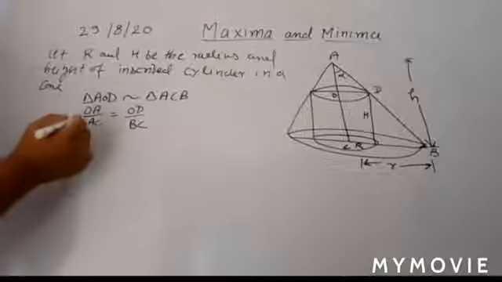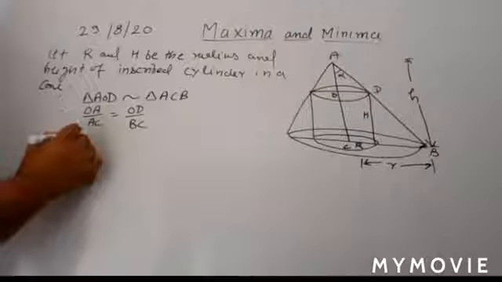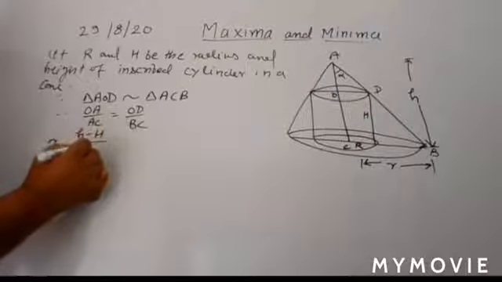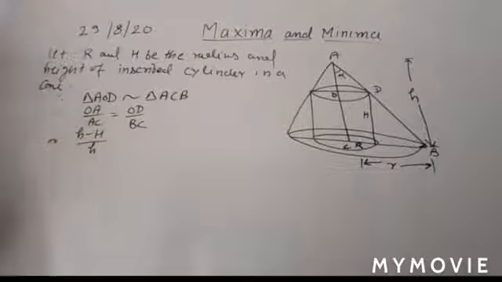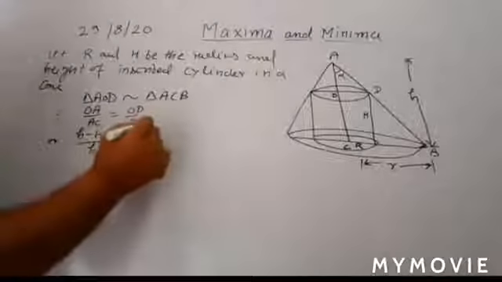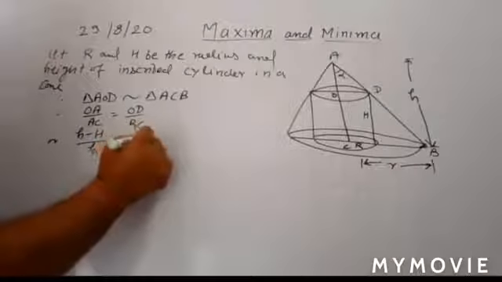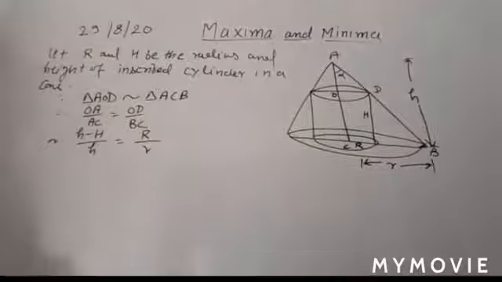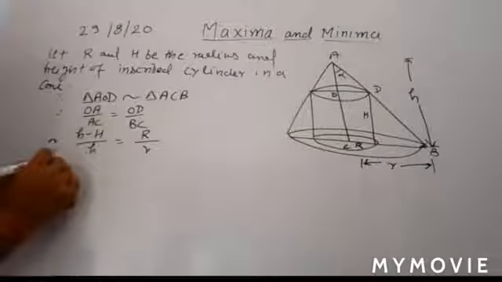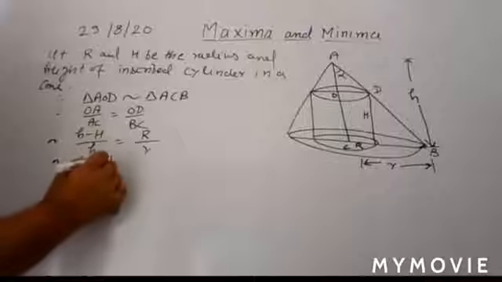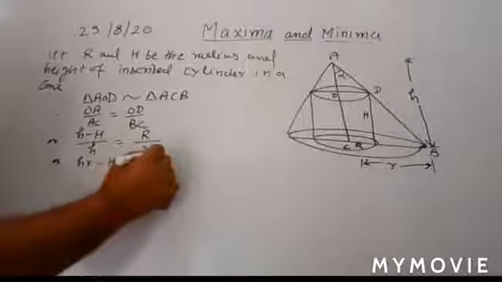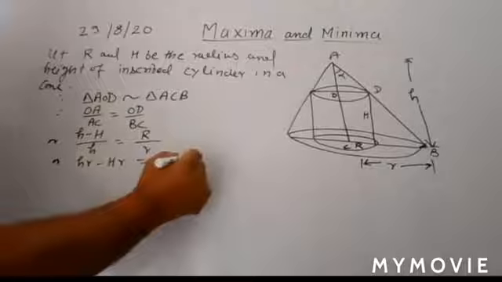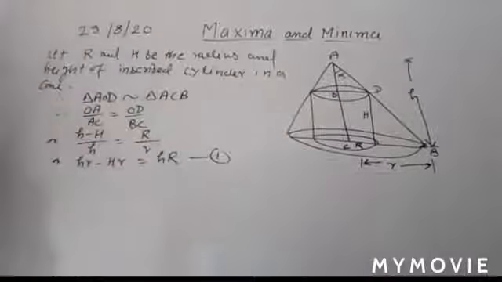Now putting its values: OA is equal to h minus capital H, upon AC is small h, and OD is capital R, and BC is small r. So in this way you have the relation. Now taking cross multiply, you have hr minus Hr is equal to h capital R. So that is your first equation.